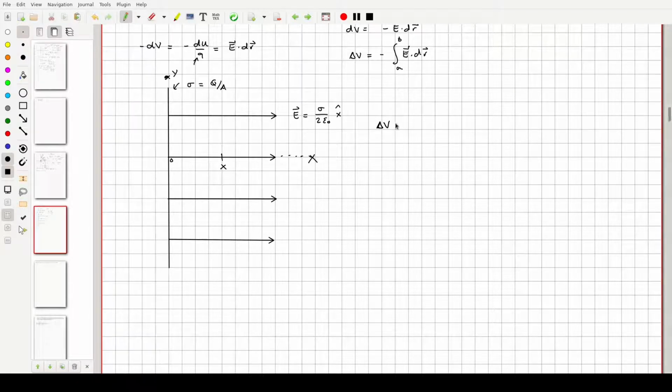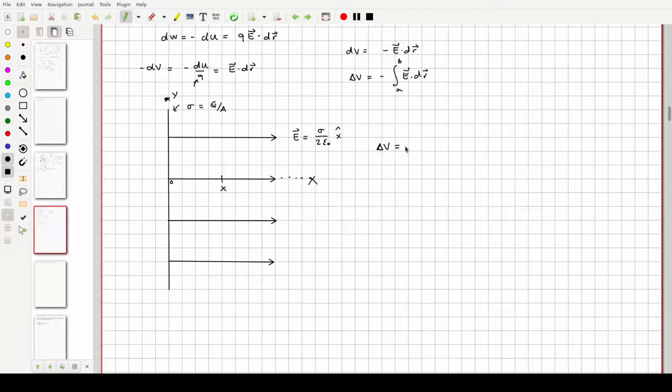Delta V here would equal minus the integral from 0 to x, since I'm starting at 0 and ending up x away, of E dot dr, noting the fact that dr is going to be dx x hat, and also the fact that E is equal to sigma over 2 epsilon naught x hat.